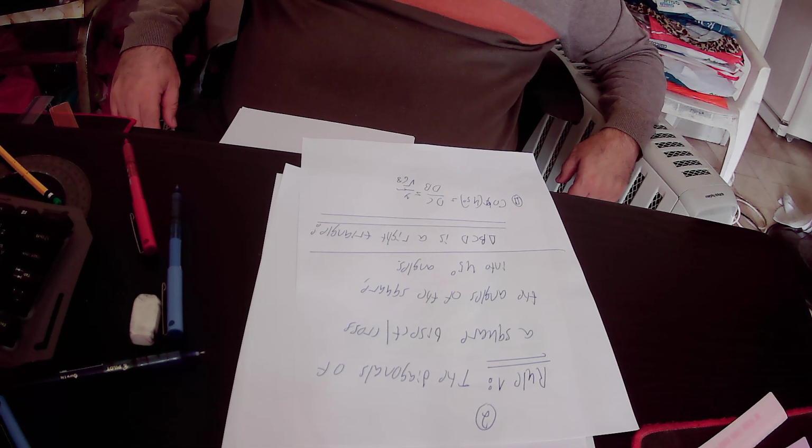Okay, so according to rule number 1, the diagonals of a square bisect the angles of the square into 45 degrees.